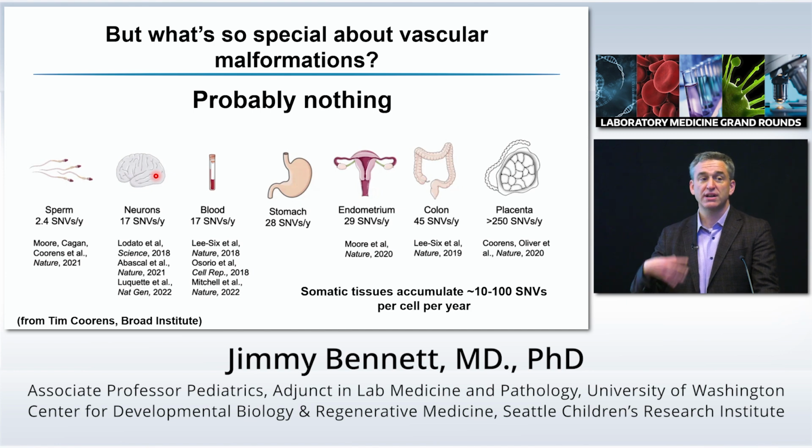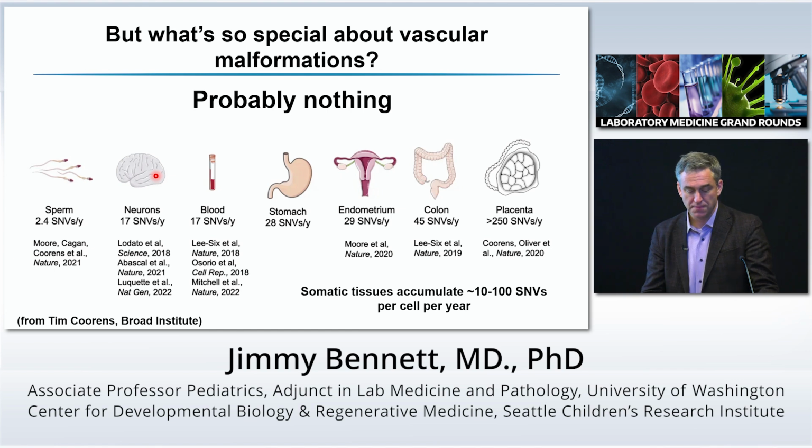I think recurrent activating mutations are easier to identify. I think these are a group of patients that routinely have surgery, and we can get at their tissue, so that's very helpful. But this is just a summary of data from Tim Corrins, who's at the Broad Institute, that has demonstrated that across many different normal tissues, there's a huge amount of post-zygotic mutation.